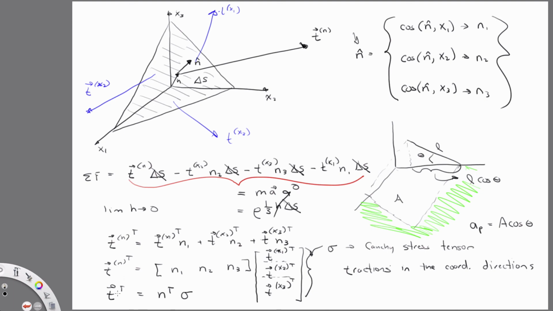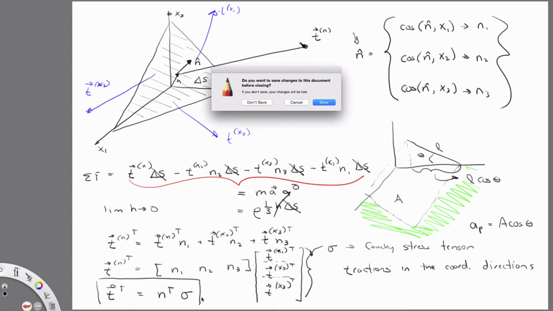So this thing right here has a name. We'll rewrite it on the next page: T transpose equals N transpose sigma. Now that's a little bit odd looking equation, at least with the transposes on the left side.